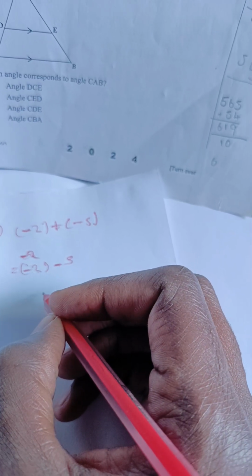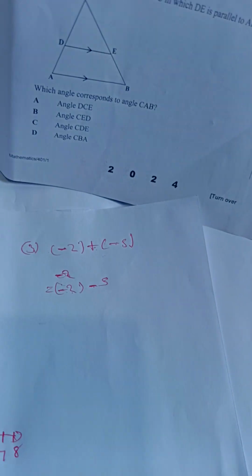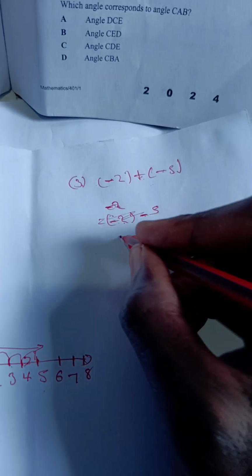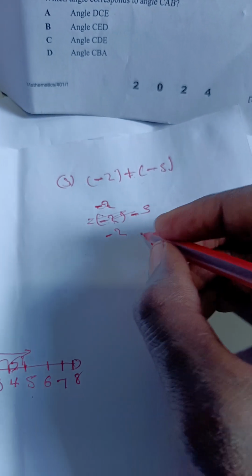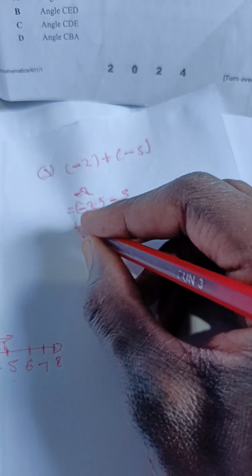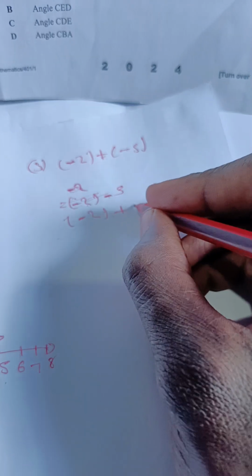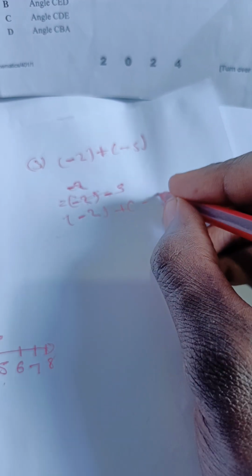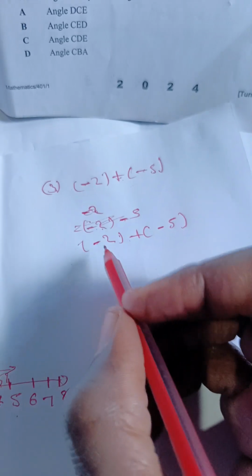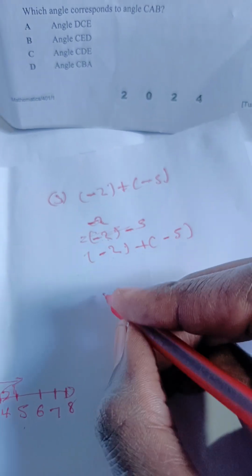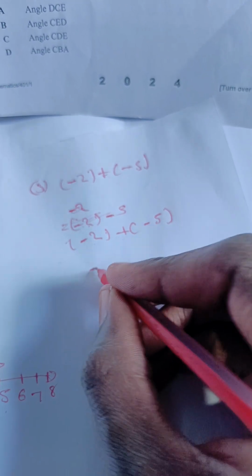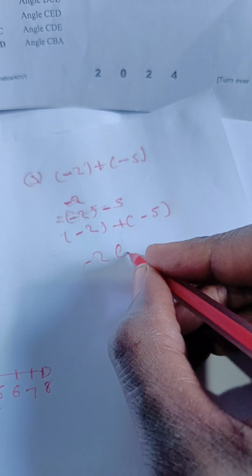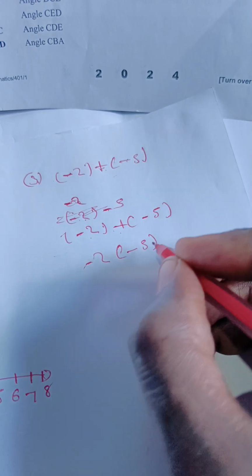So we are going to work it out. I'm just going to copy here again, open bracket plus open bracket negative 5 close bracket. So we are going to say negative times positive is going to give us what? Negative 2. Then we have negative 5.